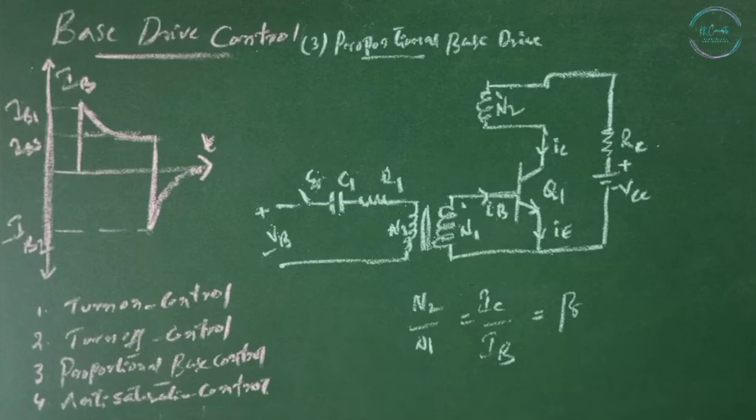For proper operation of the circuit, the magnetizing current must be much smaller than IC, that is the collector current. Switch S1 can be implemented by a small signal transistor, and additional circuitry is necessary to discharge the capacitance C1 and reset the transformer core during turn off of the power transistor.